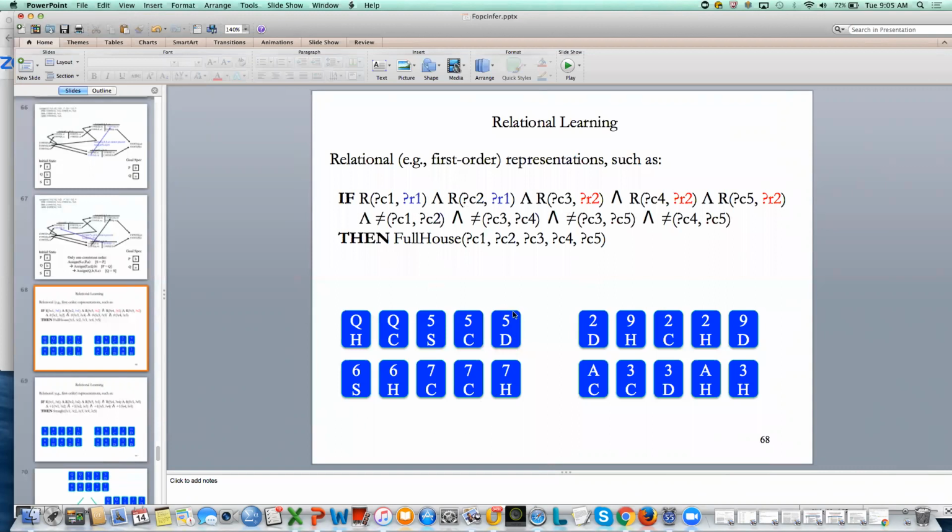Here are two separate full houses, and it's easy to see that these are full houses because I've sorted them conveniently for you. These are both full houses too, though, and I have not sorted them so conveniently.